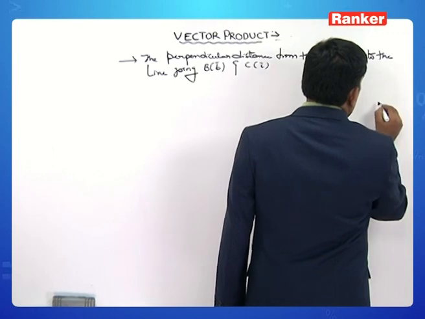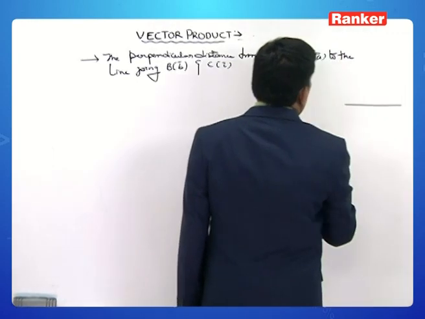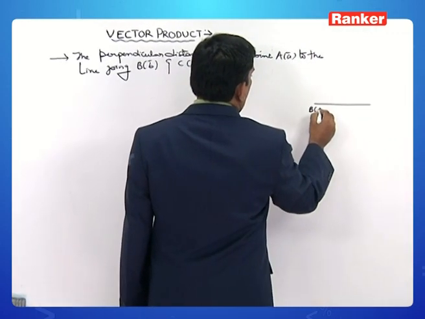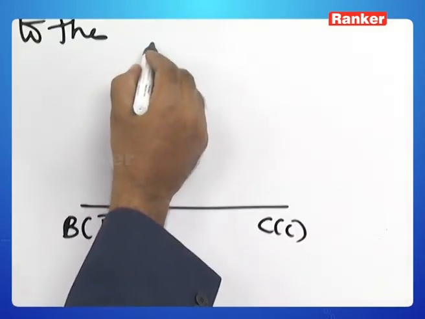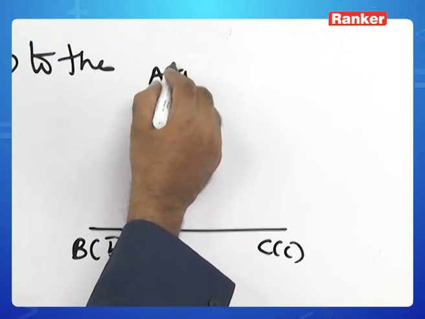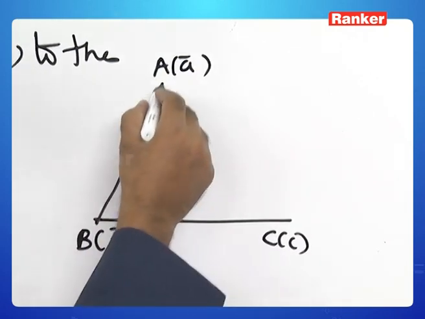Okay, you select, this is B of B bar, this is C of C bar, this is a point A of A bar.